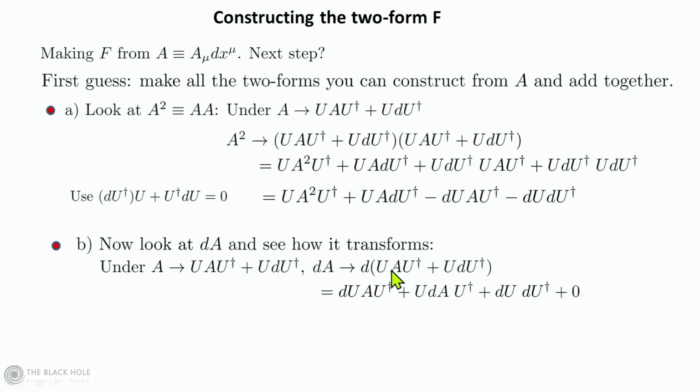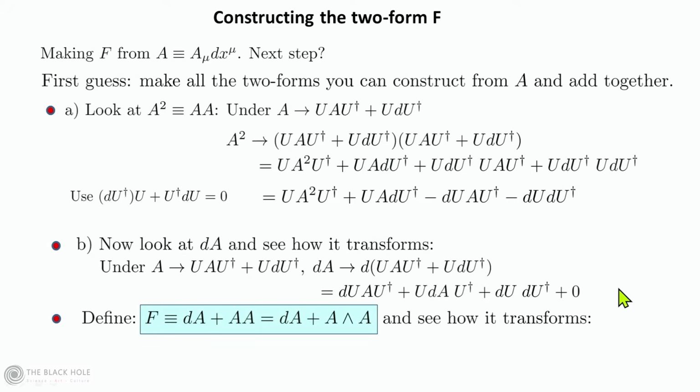Then d has to go across over here, and so that's dA U dagger. Here we have dU dagger, but then when d crosses this and acts on this, you get 0. So three terms over here. It's just the Leibniz rule again. It's just the Leibniz rule that we are applying again and again.